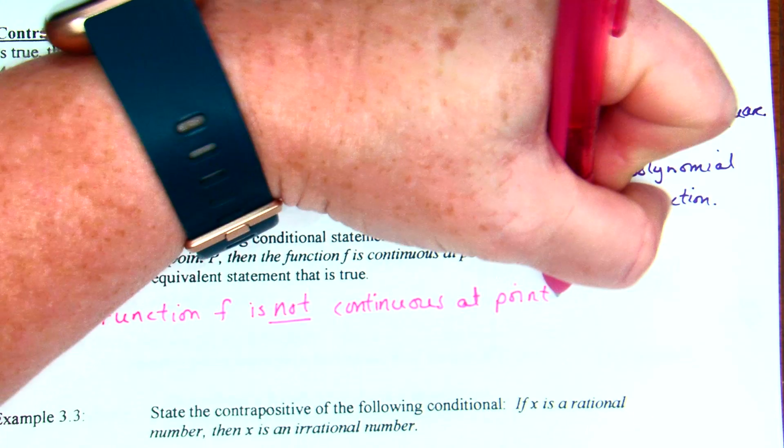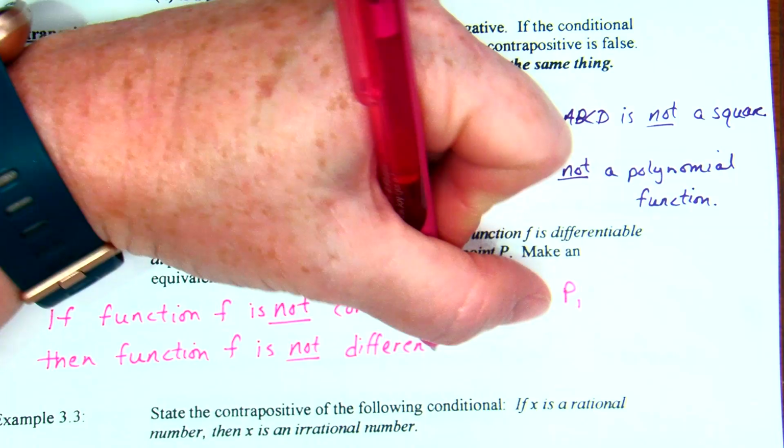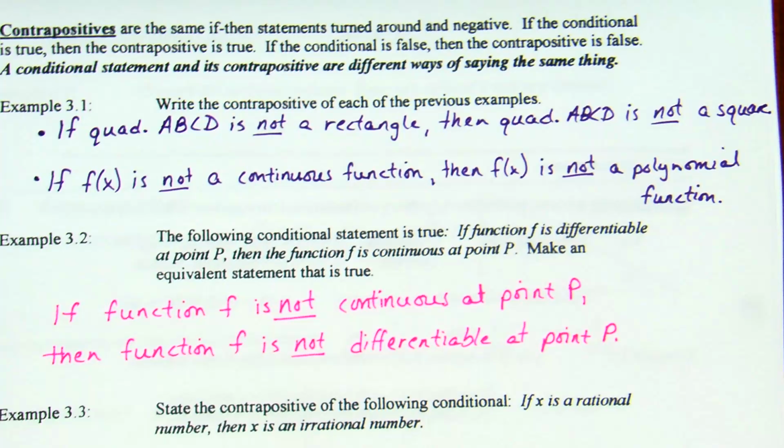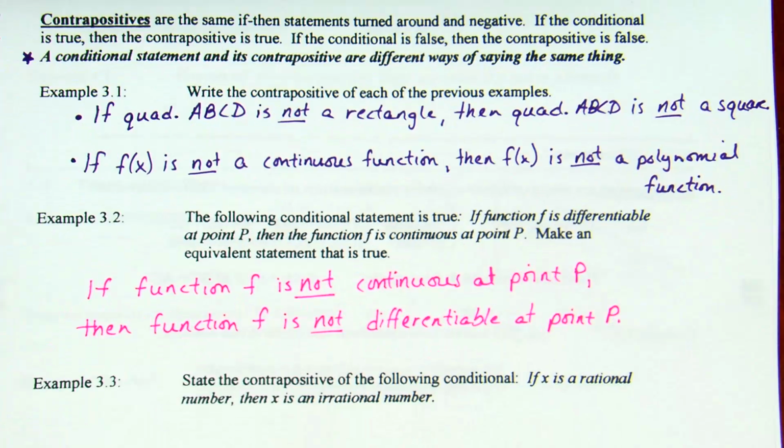Not differentiable at point P. Okay, so they didn't say write the contrapositive, they said write an equivalent statement. But the contrapositive is always equivalent to the original statement, so that's why they had us do that.